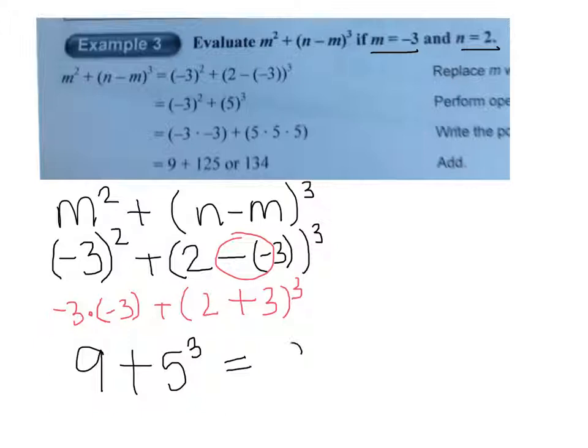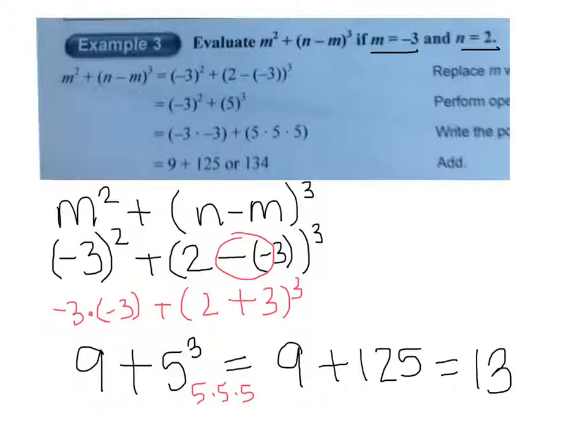Now I'm going to bring that 9 on over, and 5 to the third power means 5 times 5 times 5. 5 times 5 is 25. 25 times 5 is 125. And when we add those two together, we get 134.